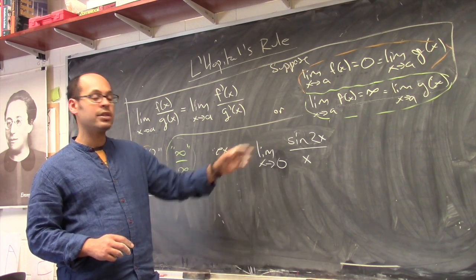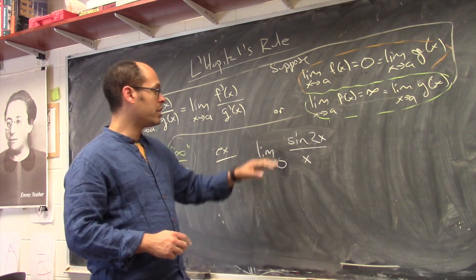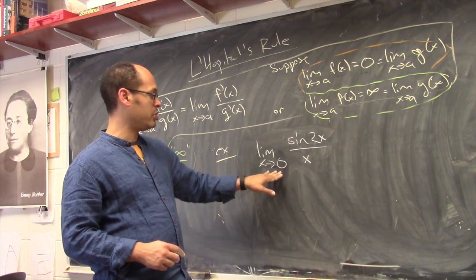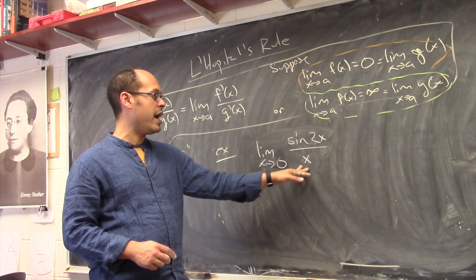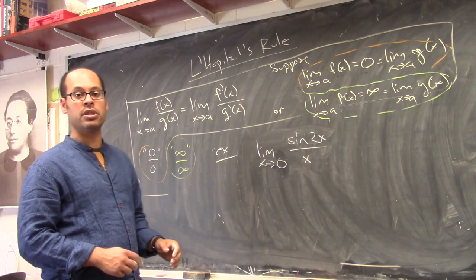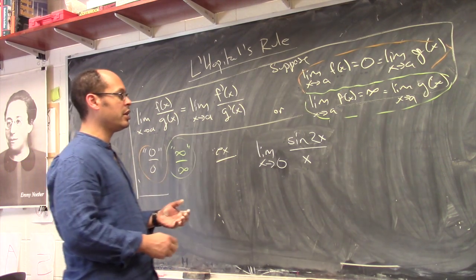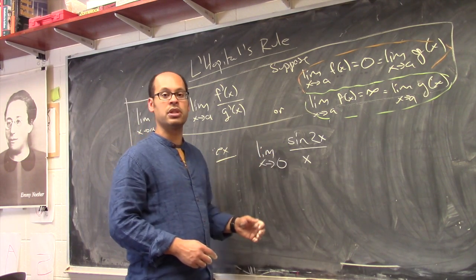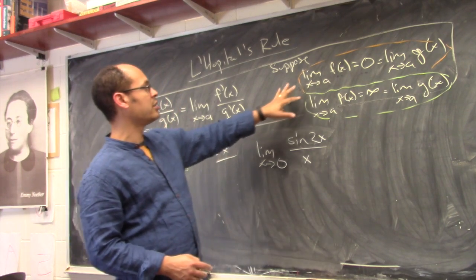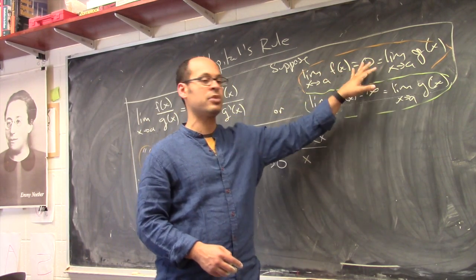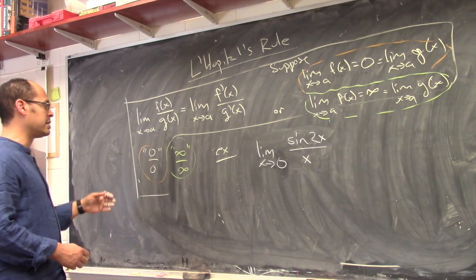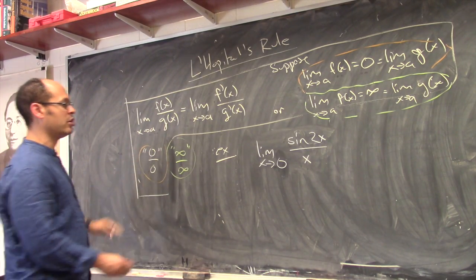If you directly try to plug in, you get that the sine of 0 on the top is 0, and x when you go to 0 is 0. So the top goes to 0, the bottom goes to 0, which means we are in this particular situation. We would say this is an indeterminate form of the type 0 over 0.